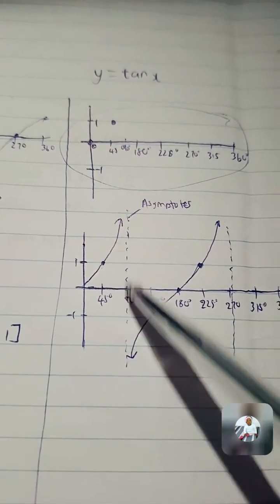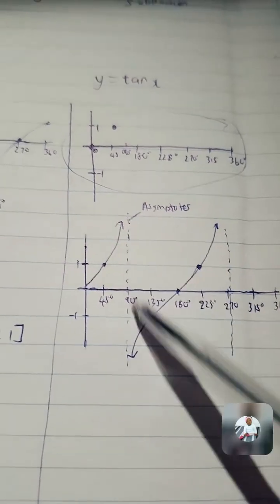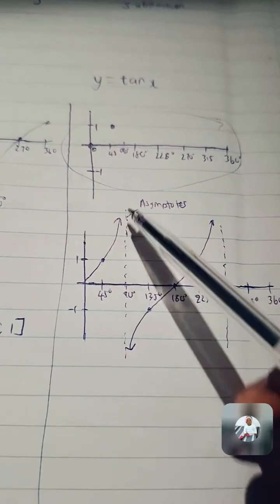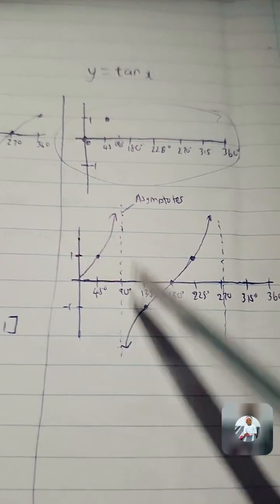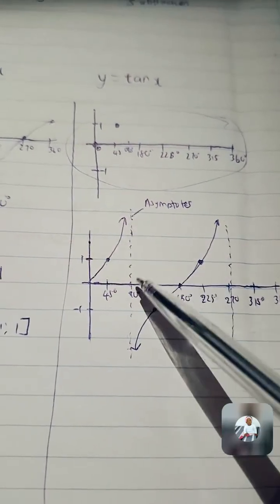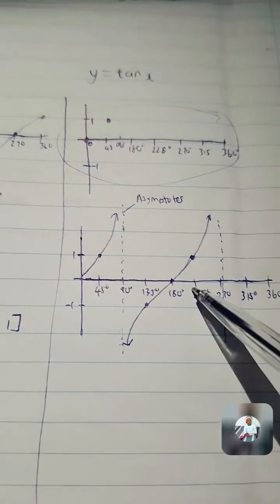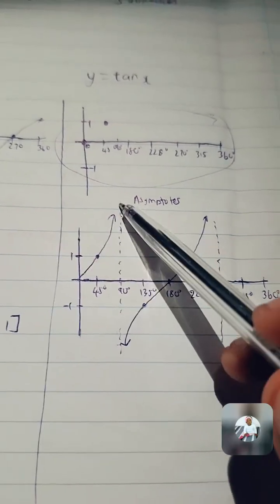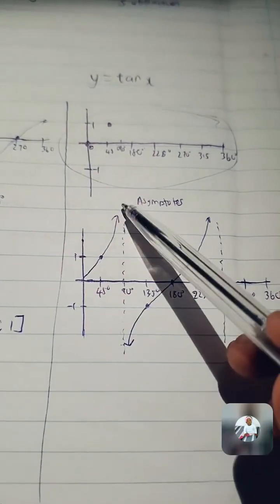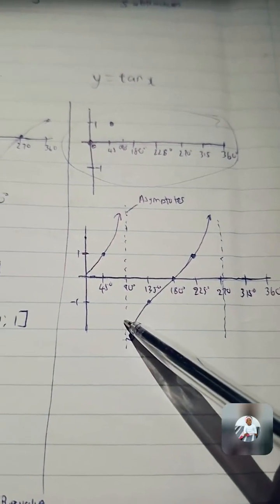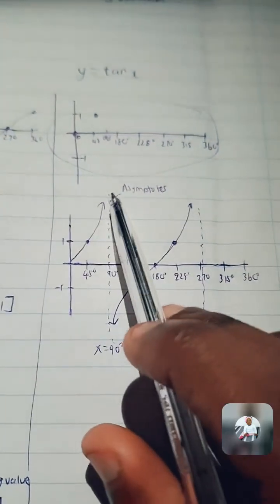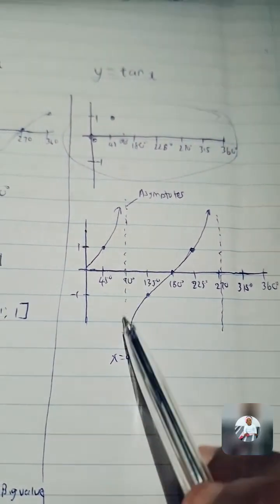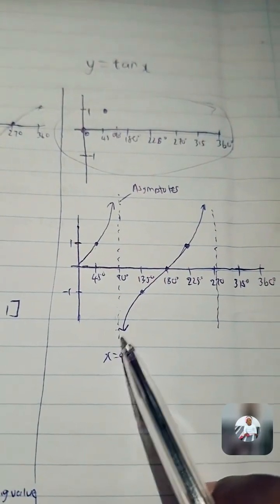Exist. So the function does not exist on that asymptote. We have what we refer to here as a vertical asymptote. In this situation, tan 90 is the asymptote. So x is equal to 90 degrees gives us our vertical asymptote, because remember, x is 90 everywhere along this vertical line.